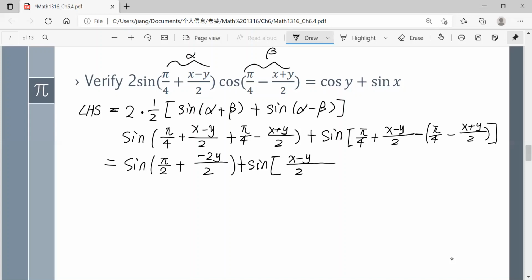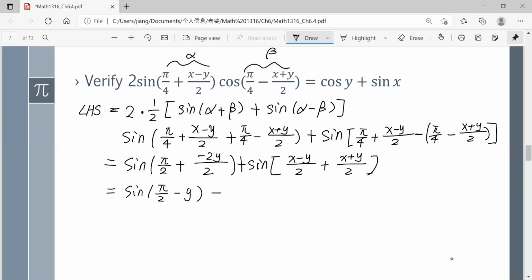That means let's do step by step. Plus x plus y. And then this one, sine pi over 2 minus, because they have a minus sign here, I can bring it in the front.